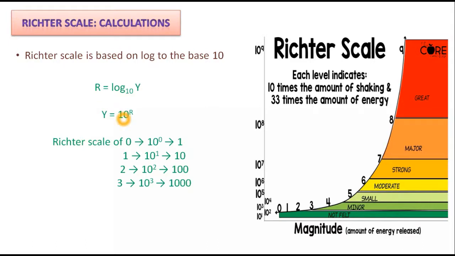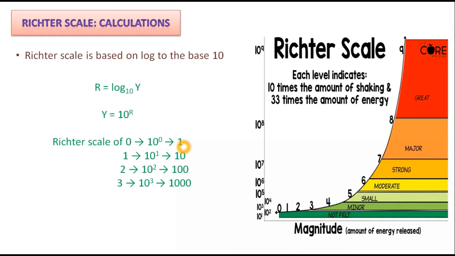The x-axis value is considered as the Richter magnitude, r. So if we say that an earthquake is of magnitude 0 on the Richter scale, this would imply 10 to the power of 0, which is equal to 1. Anything raised to the power of 0 is equivalent to 1. That is the value of y.